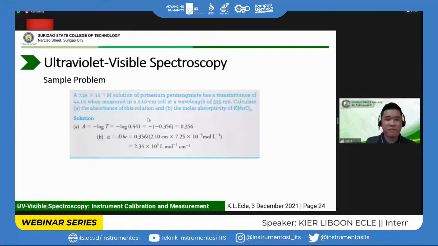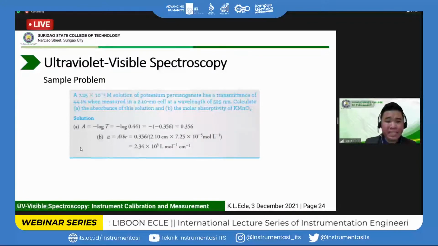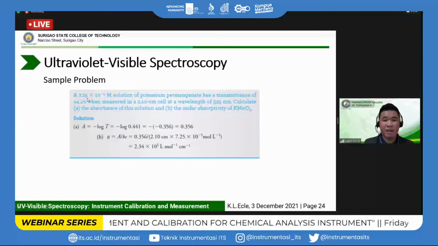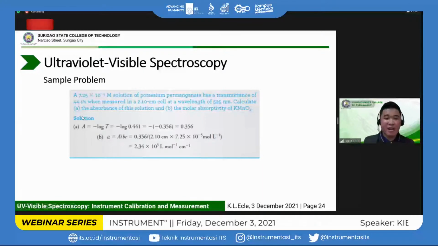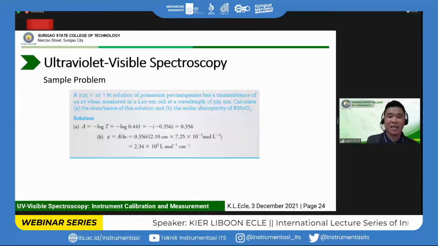Okay, so next we have the sample problem. For example, you will calculate the absorbance and the molar absorptivity of a 7.25 times 10 raised to the -5 molar solution of potassium permanganate.